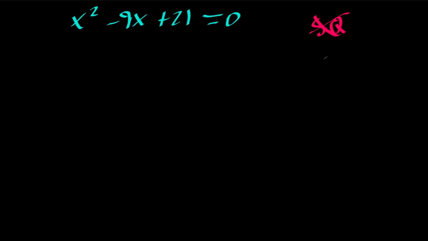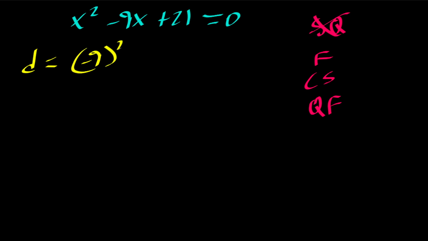All right, now the last example would be positive x squared minus 9x plus 21 equals 0. So first of all, I would automatically say square roots is out because there is a bx term. Now I'm going to find the discriminant. b squared is negative 9 squared, minus 4 times a, which is 1, times c, which is 21.